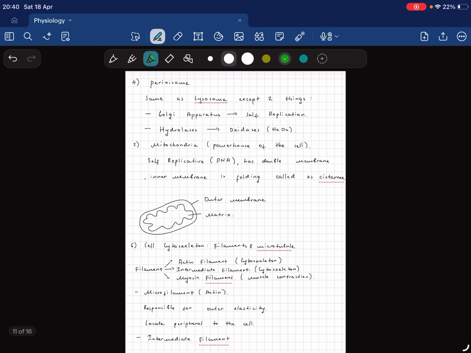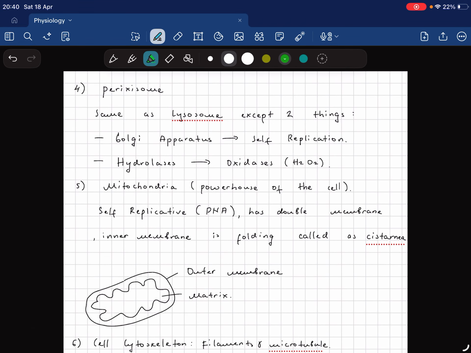Next, there is an organelle called the peroxisome, which is really like the lysosome, but there are two important differences in structure and function. One difference is that the lysosome is formed from the endoplasmic reticulum and Golgi apparatus pathway.